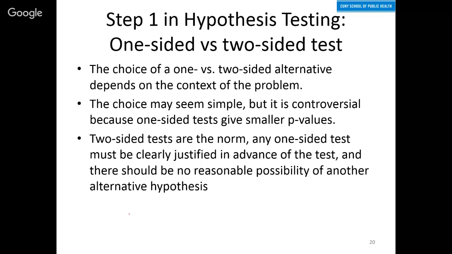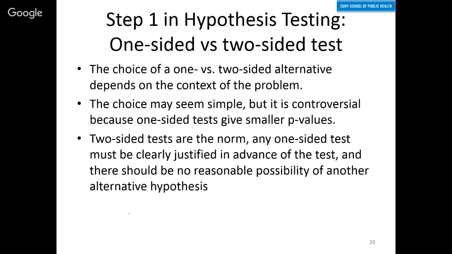So if you remember the shape of the normal distribution, above and below 1.96, there's 2.5% in each of those tails. So if your null hypothesis is true, then above and below 1.96, you'll get a sample in there 5% of the time, but you'll only get it in one of those tails 2.5% of the time.